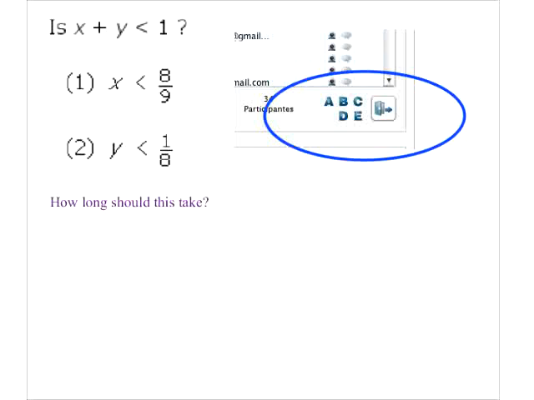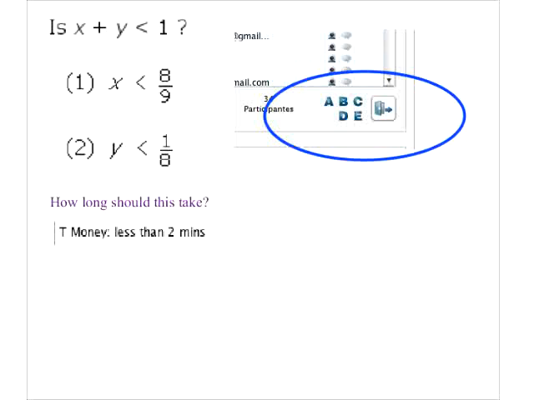Okay, so some people are saying anywhere from 2.5 minutes to about 30 seconds. What we're really looking for is something like what this person wrote.